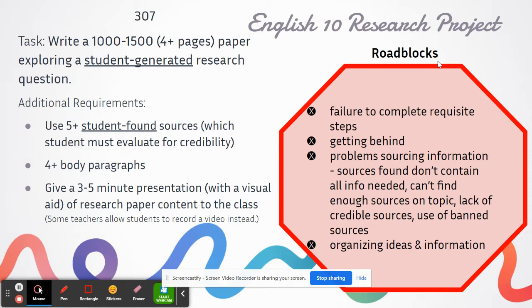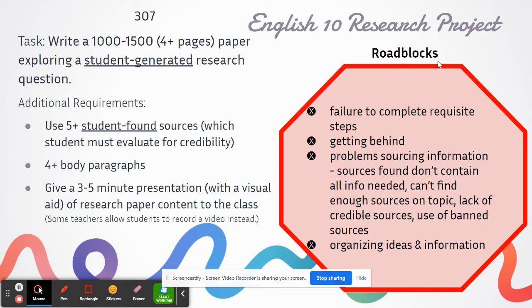Obviously, this is a process, so if students haven't completed the first step, they can't move on to the second step, and so students often get stuck, held behind because they haven't completed a step. And so then there's the problem of getting behind, either because of absences, or because they're not getting enough work done in class or between classes. Whatever the reason may be, there's the problem of them getting behind.